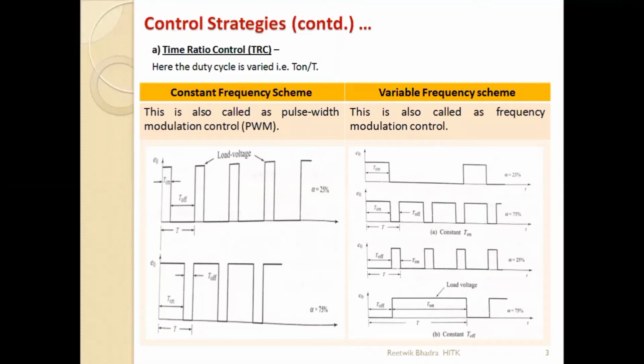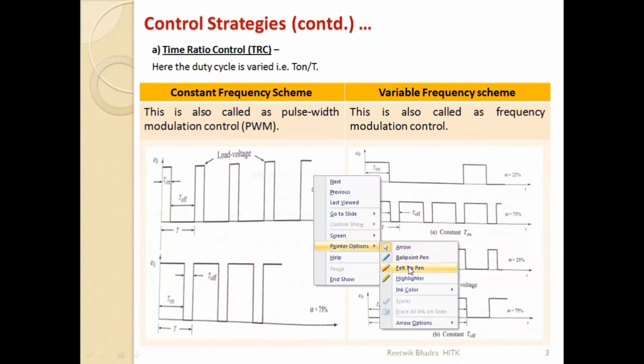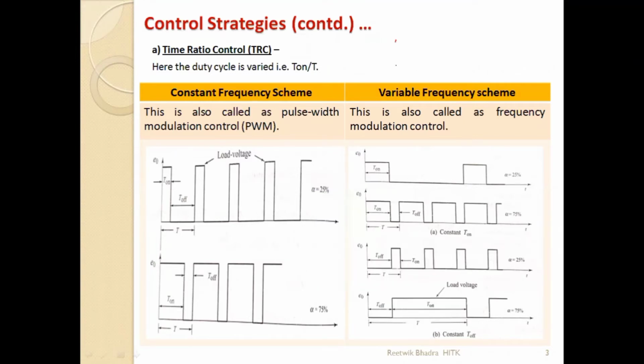Other reasons you can find in books: in these schemes there is a lot of interference caused with some communication lines. Also, in this diagram, if you take a larger value of T off, then sometimes the inductor current may become discontinuous in nature. All the currents which we have studied were continuous, rising from some point and then coming back to that point.